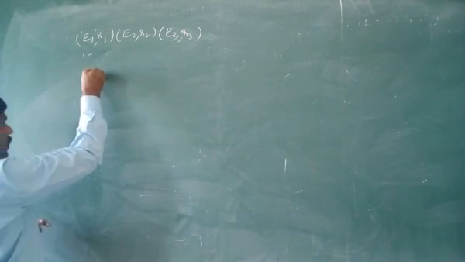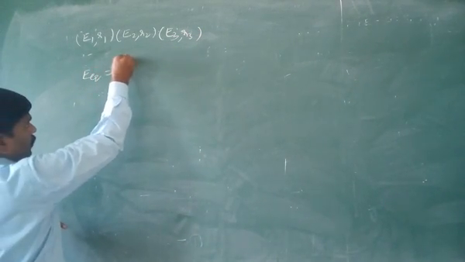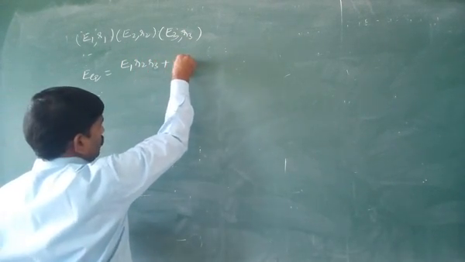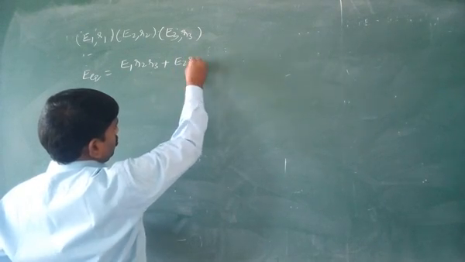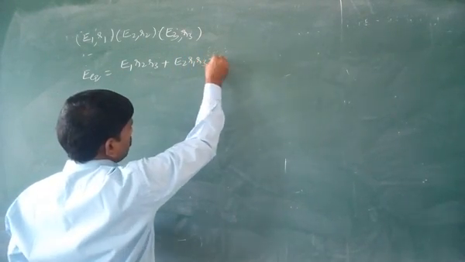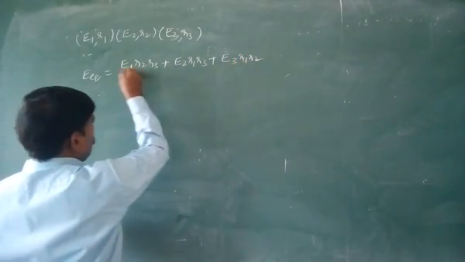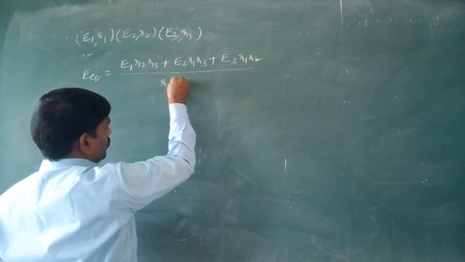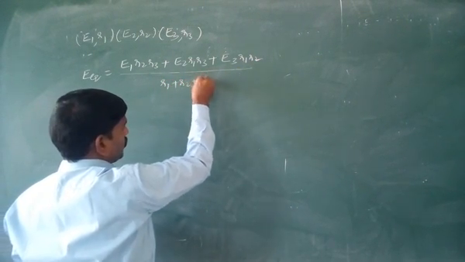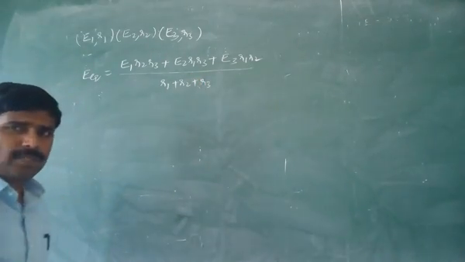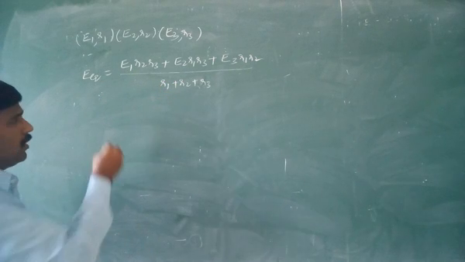Here the equivalent EMF is equal to E1 R2 R3 plus E2 R1 R3 plus E3 R1 R2 whole by R1 plus R2 plus R3. If we are taking 4 cells, then also the same pattern holds.